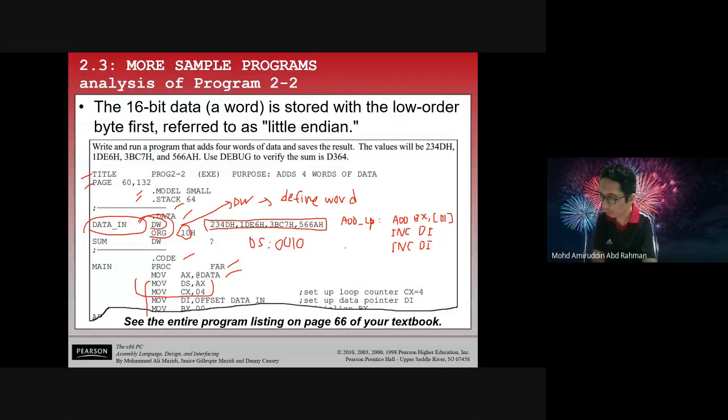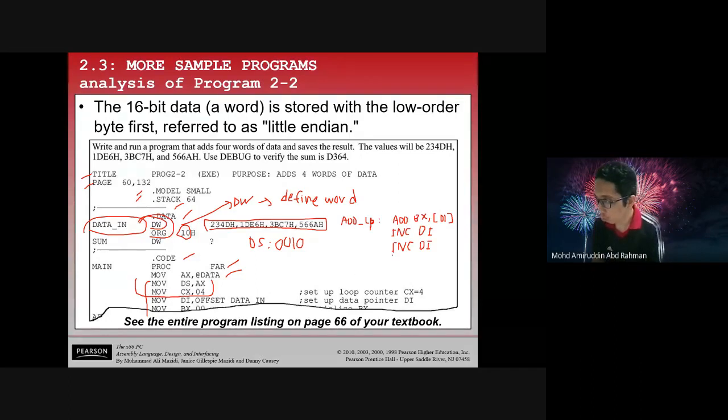Okay, so why do we need to increment DI twice? Because the operand that we access is a word. A word is 2 bytes. So that's why we need to increment DI 2 times. Then it will be equivalent to a word.